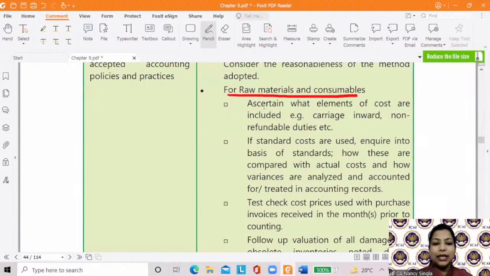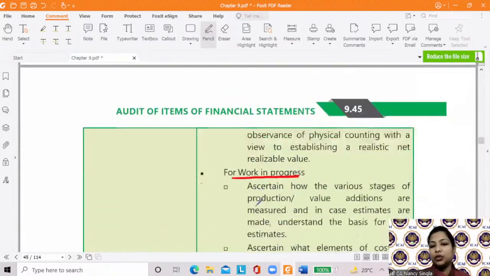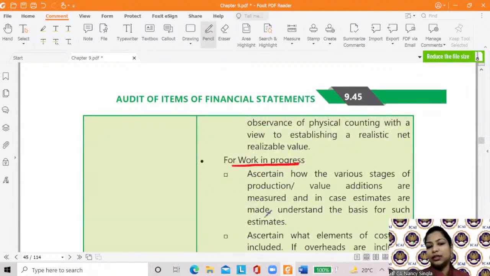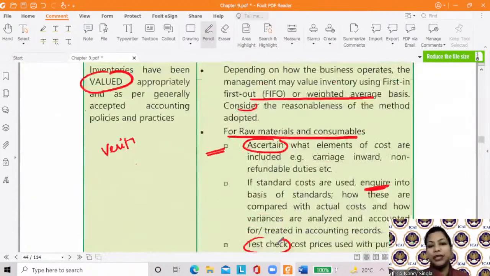Words like ascertain, consider, test check, follow up, these words you have to write. Instead of writing verify this, verify this, verify this, write ascertain, analyze, inquire, test check, ensure. So this is basically how to write the answers.